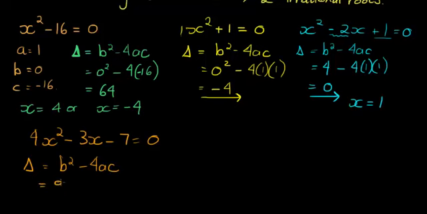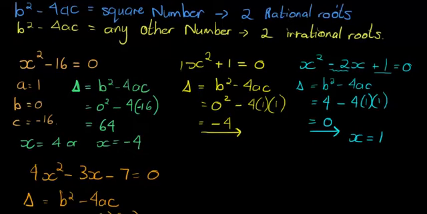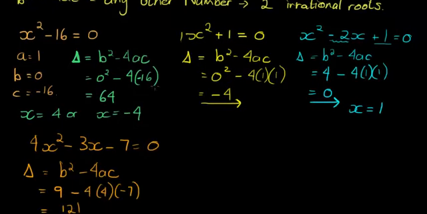Negative 3 squared is 9 minus 4 times 4 times negative 7. And if we calculate this, we get 121. Again, 121 we can take the square root of, and therefore it will be this one where we have two rational roots.